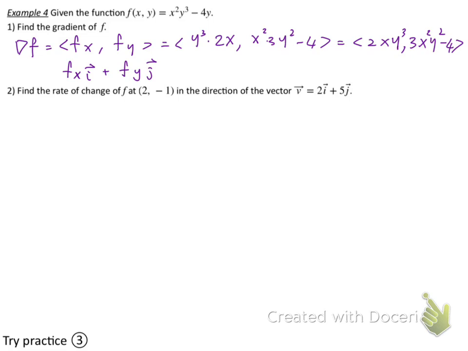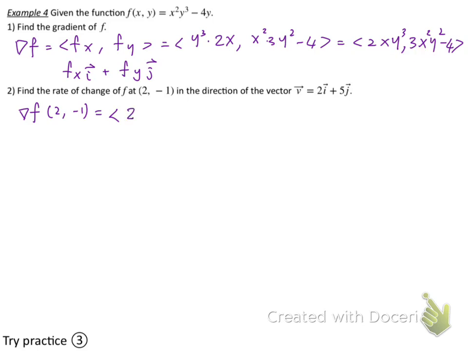Second, I want to find the rate of change of f at 2, -1 in the direction of the vector b equals 2i plus 5j. The rate of change and the directional derivative are the same thing. Derivative is the rate of change. So we are having del f evaluated at 2, -1, and that would be this evaluated at 2, -1.